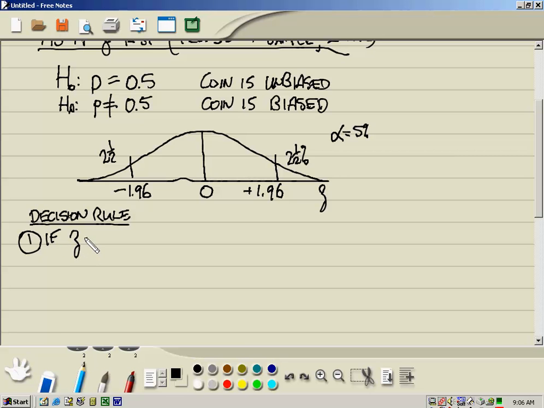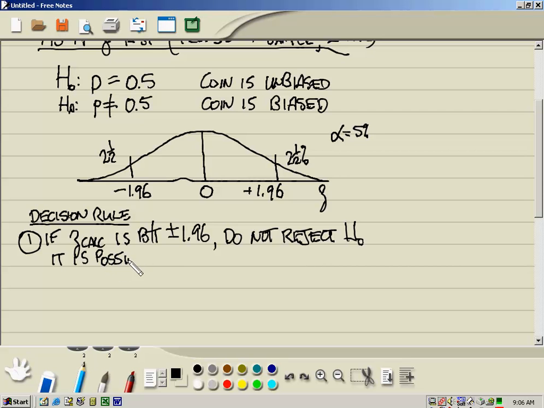If z-calc is between these critical values of plus and minus 1.96, do not reject the null. And at that point we'll interpret by saying it is possible the coin is unbiased.